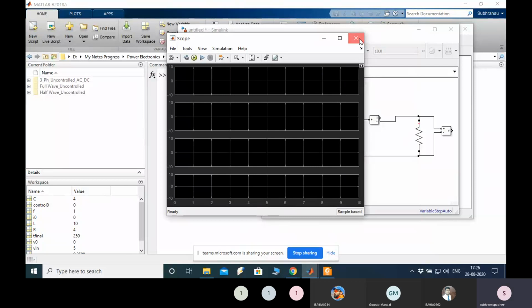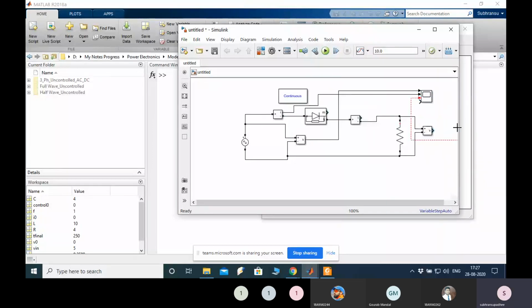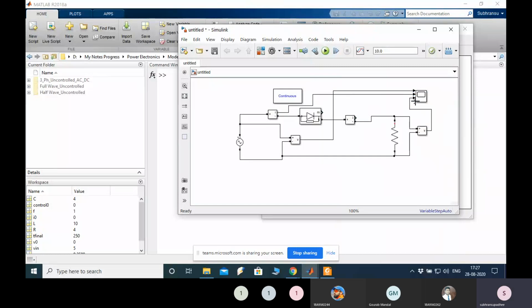Here, directly we can do it. Voltage, current, voltage, current. Let's run it.